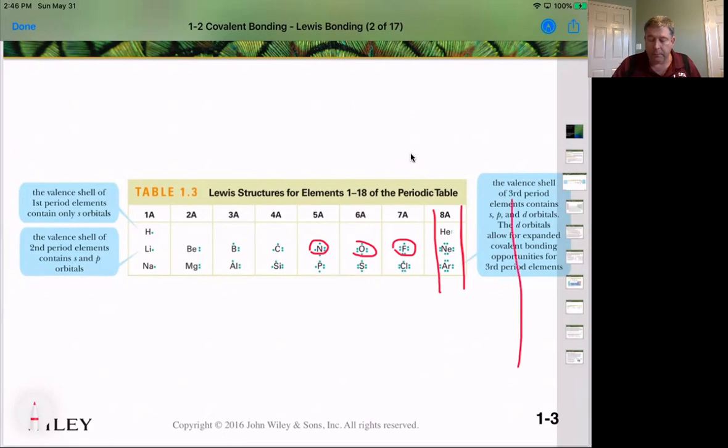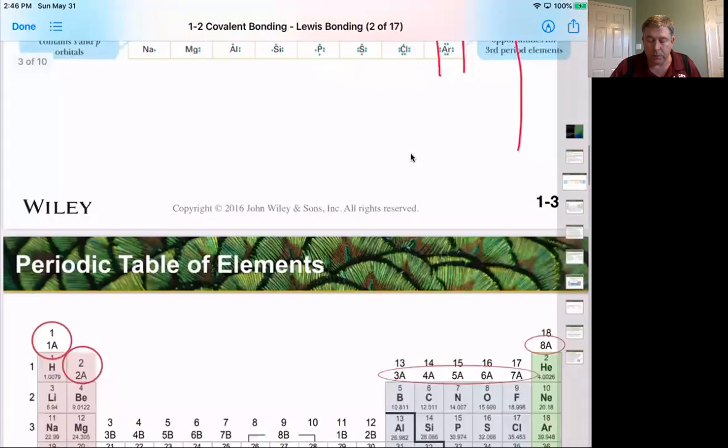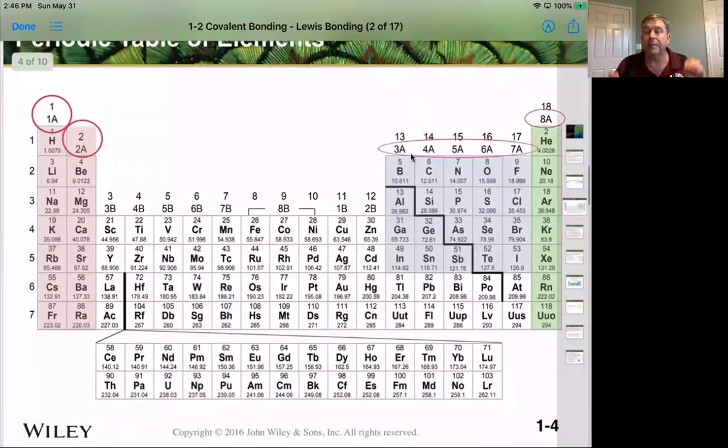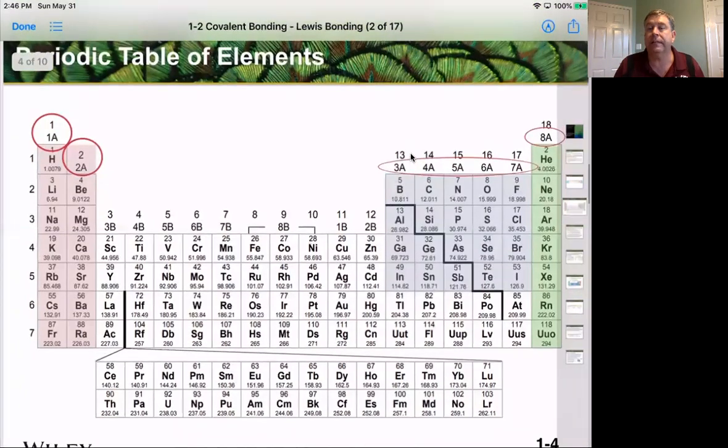No, we don't, because remember, we can use the periodic table of elements to tell us how many electrons are in that outer shell that we're going to play with. If we look at these A numbers in our columns, like 1A, 2A, 3A, 4A, 5A, 6A, 7A, that tells us how many electrons are in our valence shell.